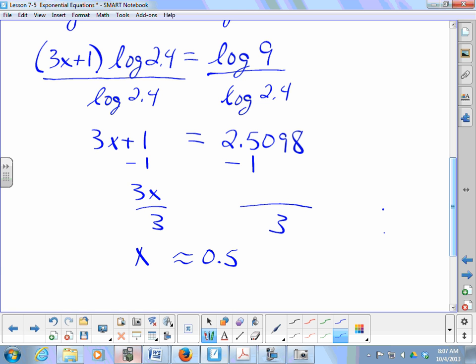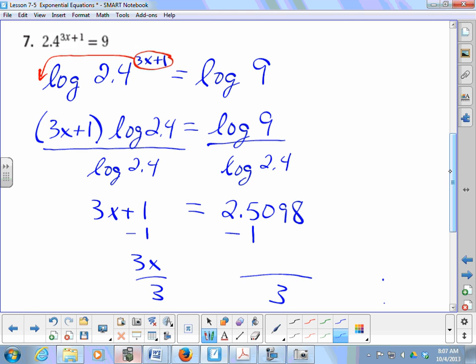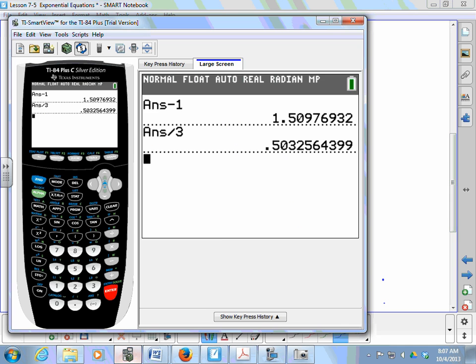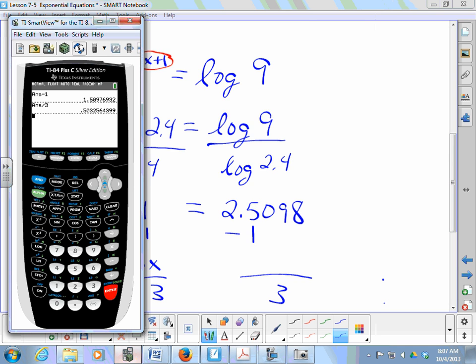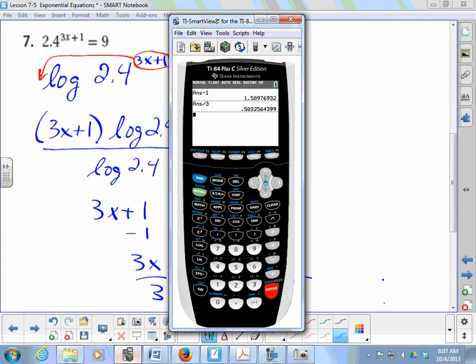Okay, and then I always want to remember to check it. We're checking to see if 2.4, so bring it up here. When I check this, I'll go 2.4 raised to the power of 3 times my answer, using the answer key, plus 1.